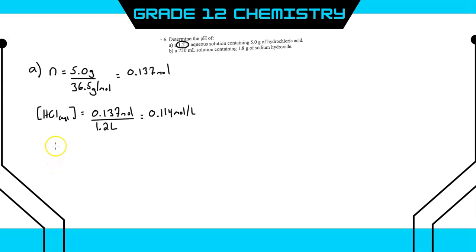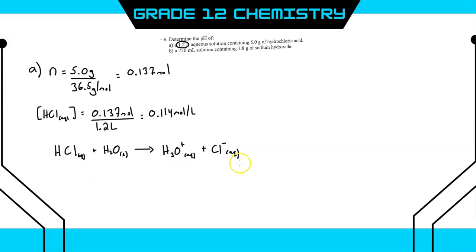So we can write the chemical equation like so. We have hydrochloric acid colliding with water molecules, and it's going to go to completion. So this is not going to be an equilibrium. It's 100% ionization. We're going to get our hydronium ions, and we are left with our chlorine ions.